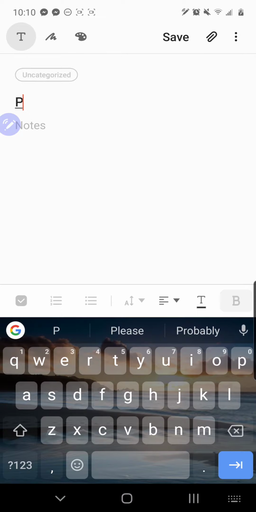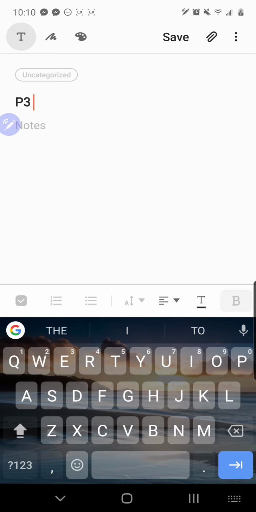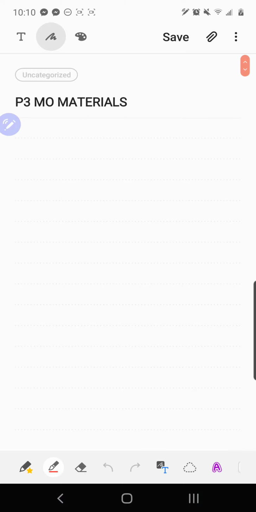Okay. Mechanics of materials. All right, so we're going to have a lateral strain on this, looks like a box. So let me draw this box.